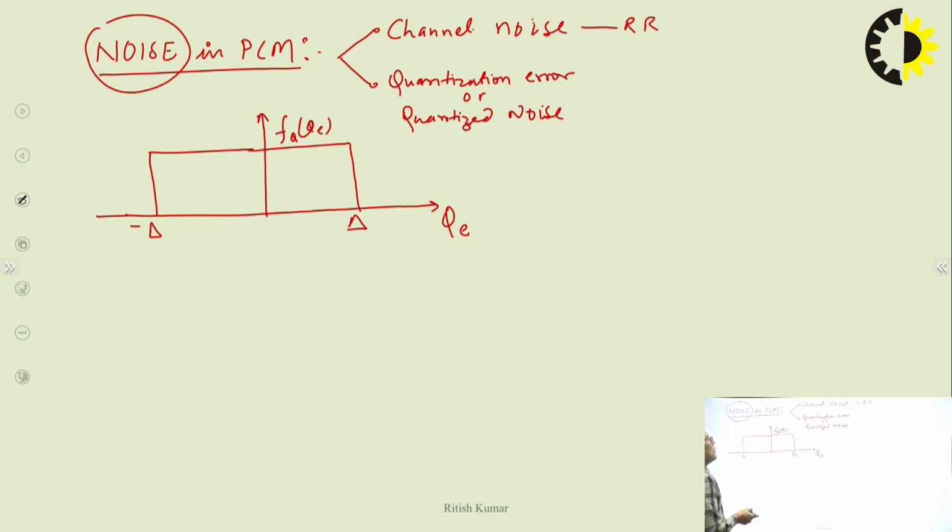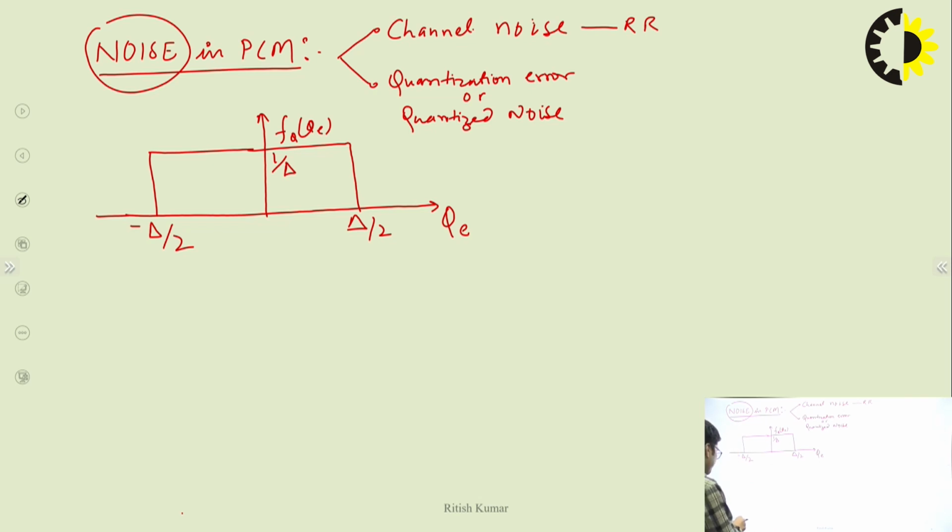This is the PDF of the quantized error. Here it lies from minus delta by 2 to delta by 2. As we know from the property of the PDF, the area under the PDF is always equal to 1, so this value should always be 1 by delta.